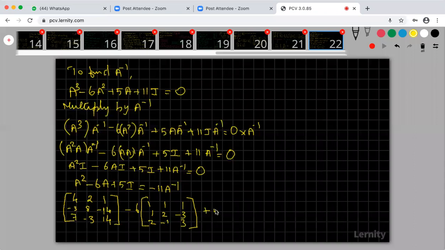Plus I. What is your I? Identity matrix 1, 0, 0, 0, 1, 0, 0, 0, 1. That is equal to minus 11 times A inverse.